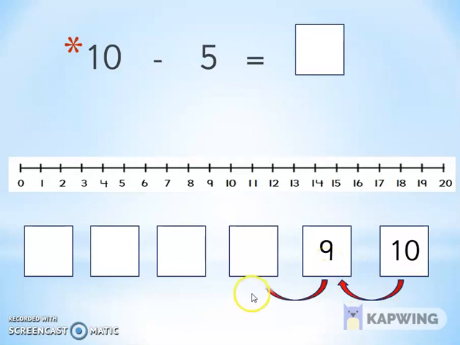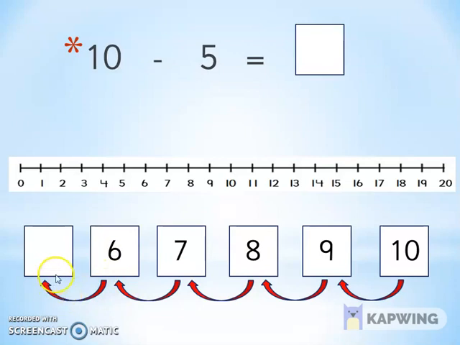Now again we'll draw the arrow to go backward. Before 9, 8. One more arrow. Before 8, 7. Keep doing backward counting. Before 7 we have, well done, 6. And our last number will be, can you tell me? Good students, it's 5. Bravo students, you have done nice backward counting from 10.